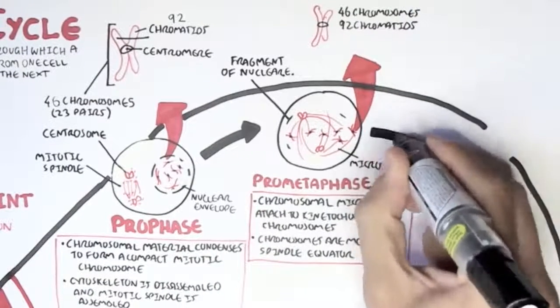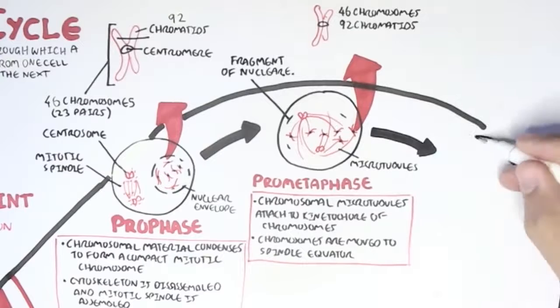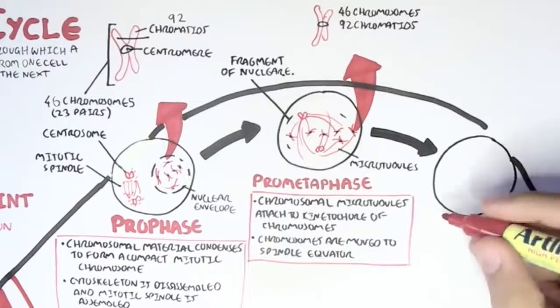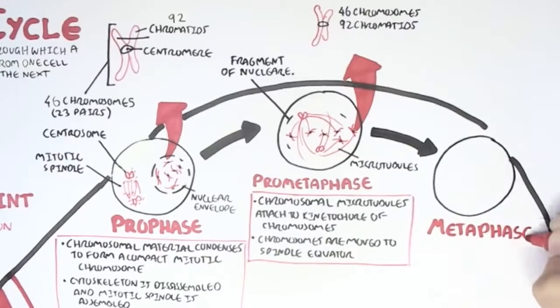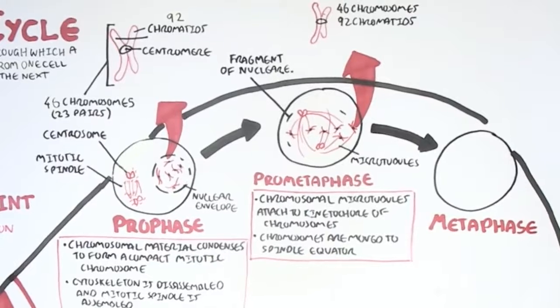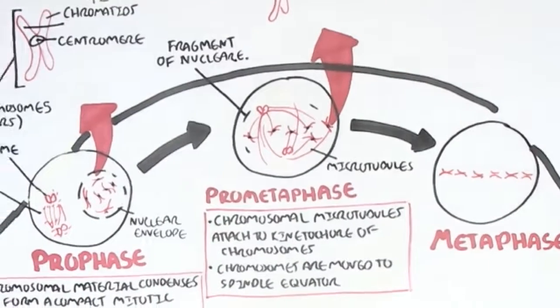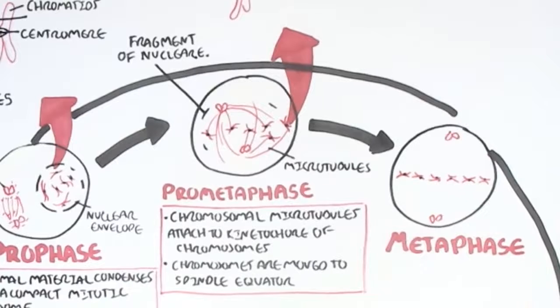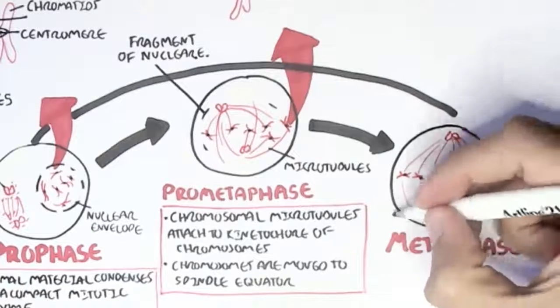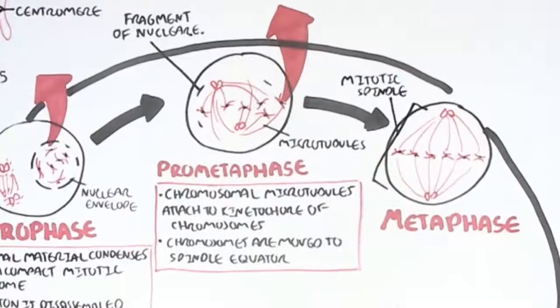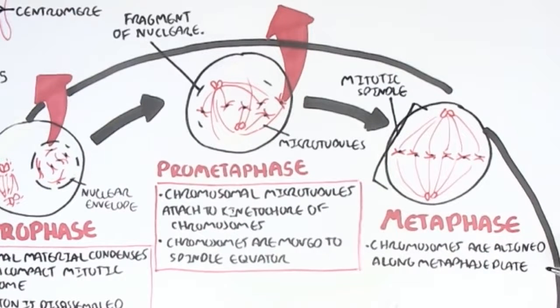The cell in prometaphase will then enter metaphase, the late stage, where the duplicated chromosomes will align on the equator. The centrosomes are on opposite sides of the cell, and they form a massive mitotic spindle with the microtubules. In metaphase, the chromosomes are aligned along the metaphase plate, which is the equator here. This is a metaphase plate.